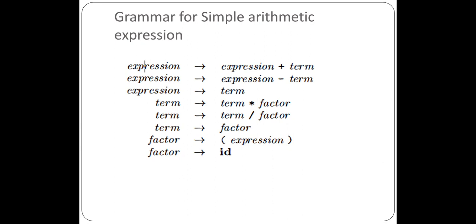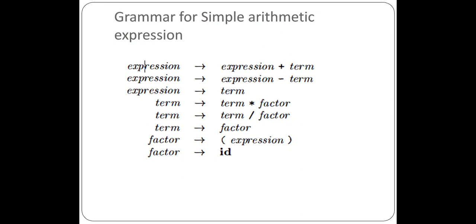Here the start symbol is your expression, which acts as the start symbol for us. The id is a terminal for us, and the arithmetic operators also act as terminals, and all the remaining things in these productions act as non-terminals for us.